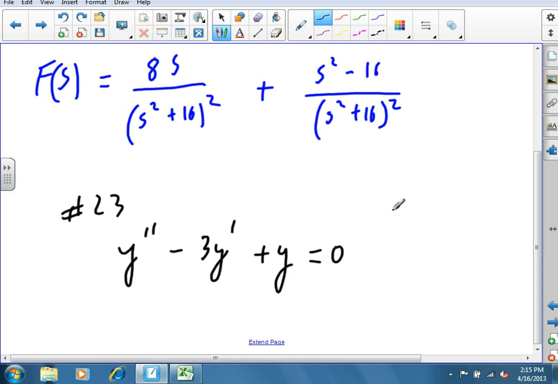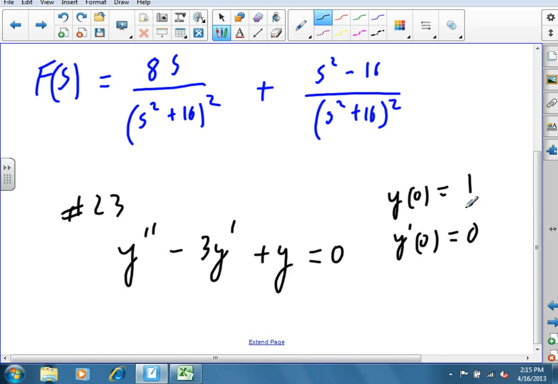And y at 0 is 1, and y prime at 0 is 0. Okay. Do I get a 4-0 for writing the problem down right? They don't have an equal to 0 there, but it really is.